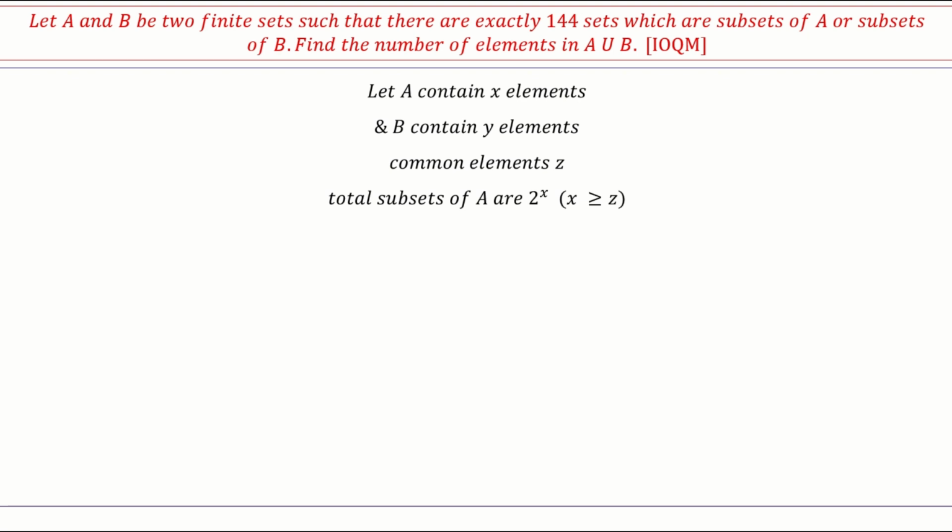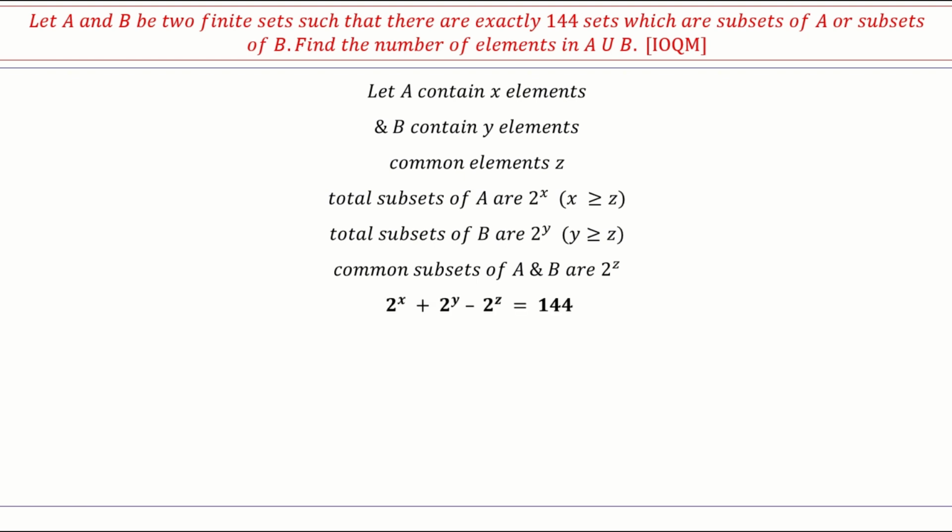The total subsets of B are 2 power Y. Common subsets of A and B are 2 power Z. So 2 power X plus 2 power Y minus 2 power Z is equal to 144, right?